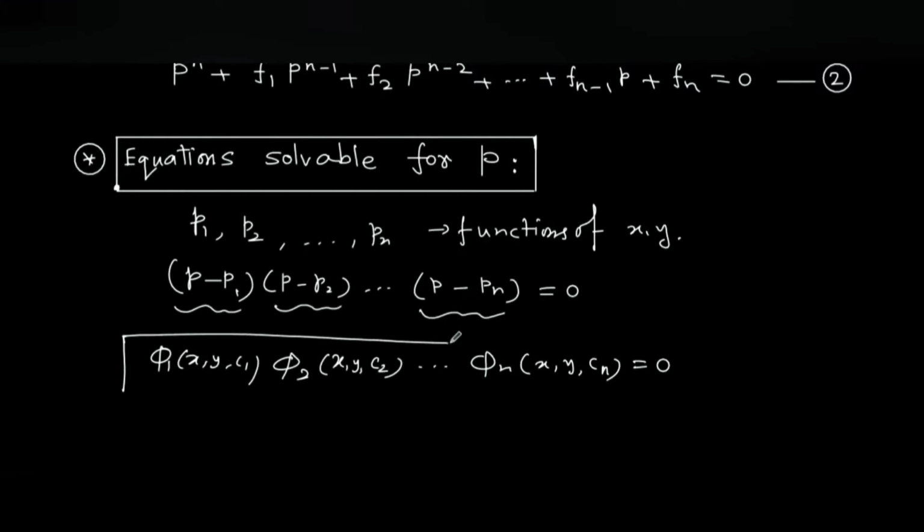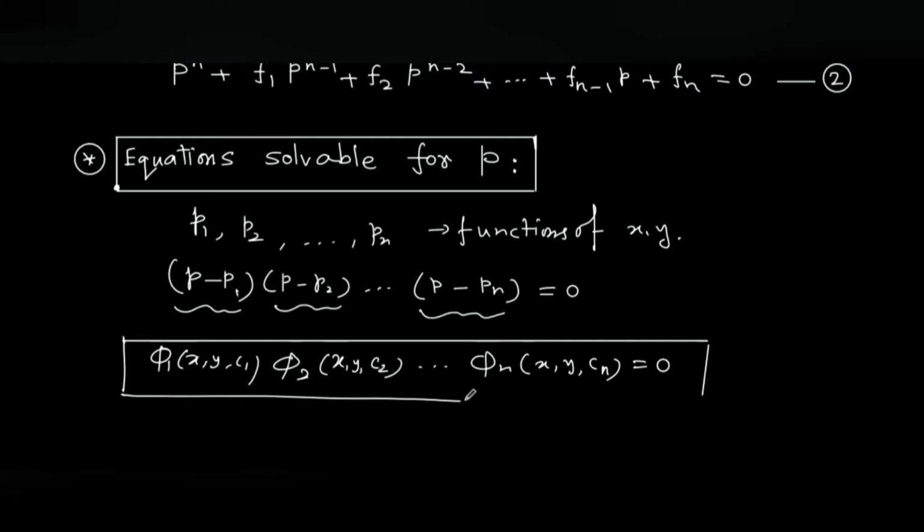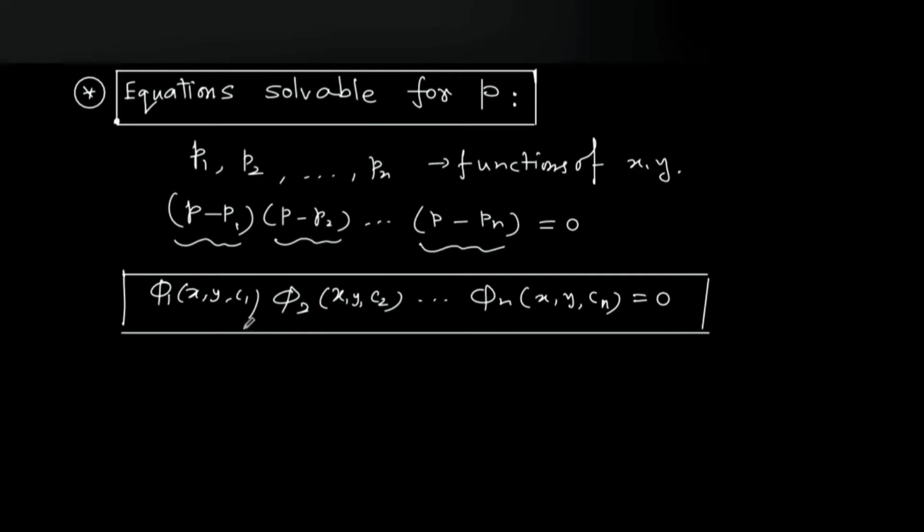So this should be a general solution of equation 1, but the problem is here we have n arbitrary constants c1, c2 and so on. But our equation is of first order only, so we expect only one arbitrary constant. So if we put c1, c2, c3 up to cn equal to, let's say, c, then we will get the general solution.